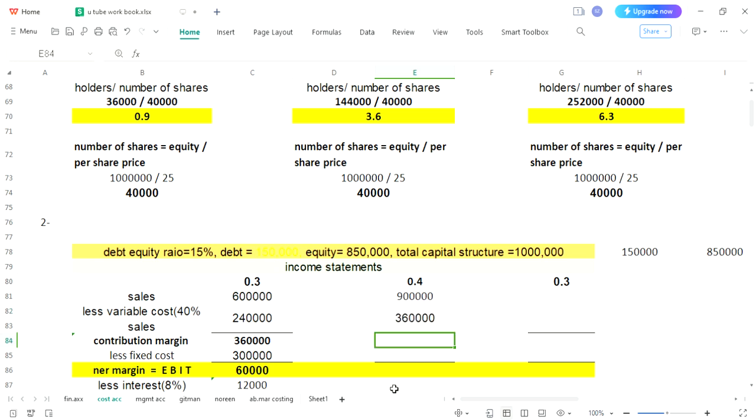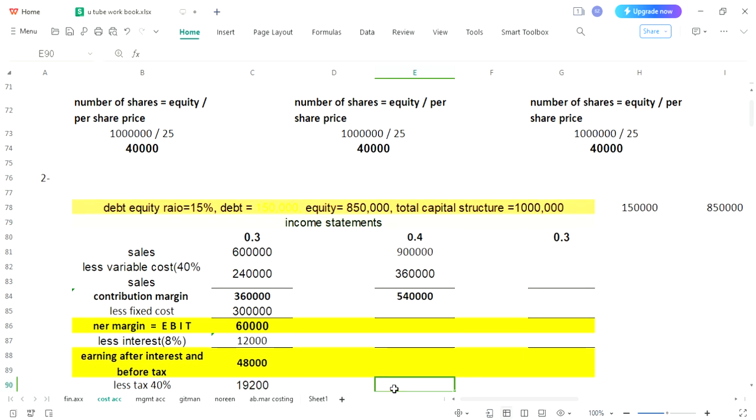So variable cost has been calculated. We are now open to calculate contribution margin by subtracting variable cost from sales. Amount of sales 9 lakh and you will subtract your variable cost 3,60,000. So we have got contribution margin 540,000.